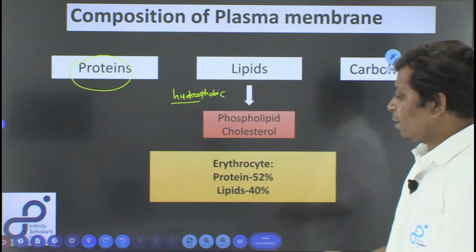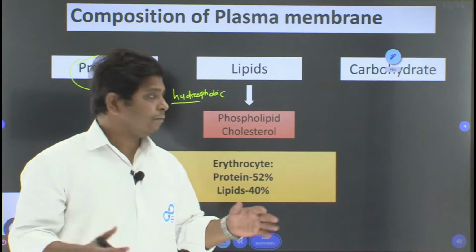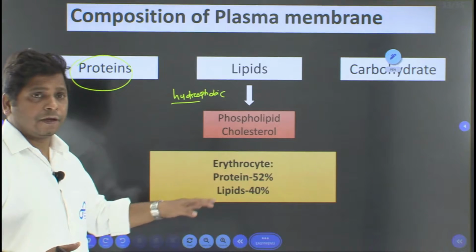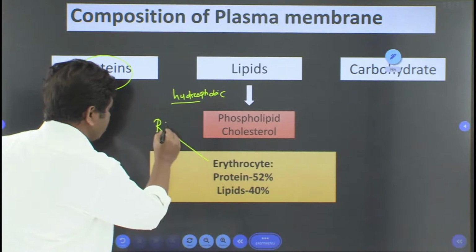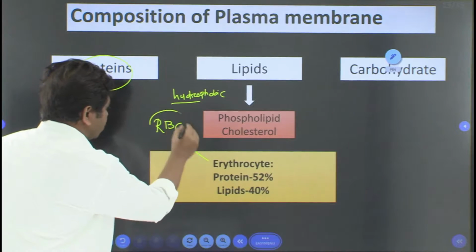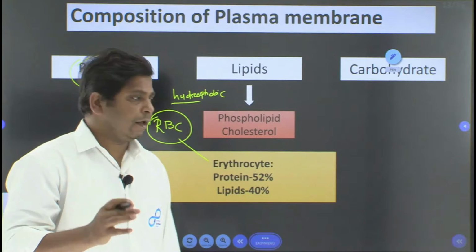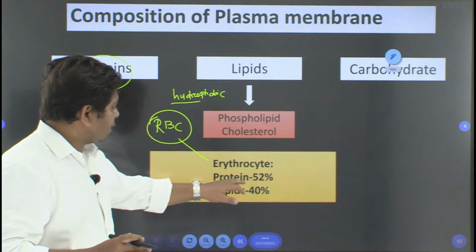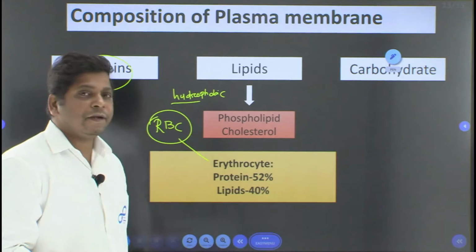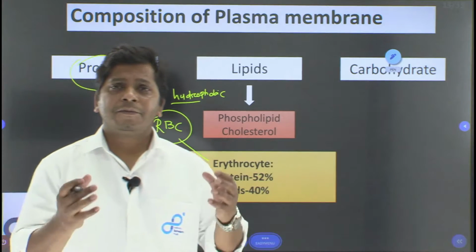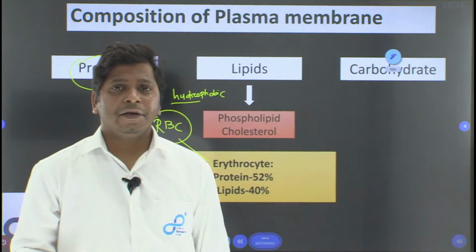A typical, widely studied example of a cell membrane is the RBC, the erythrocyte, which is nothing but the red blood cell. The cell membrane of a red blood cell constitutes around 52% protein, and the total lipids are approximately 40%, and the rest would be carbohydrate derivatives.